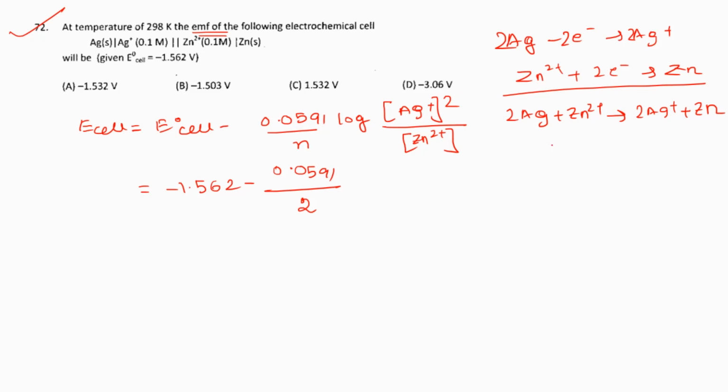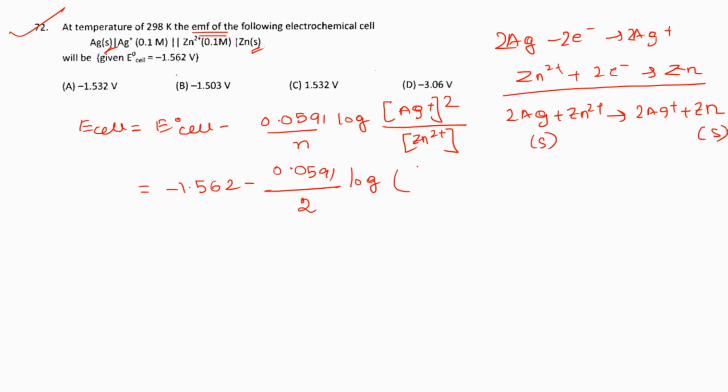Now these Ag and Zn are in the solid state, and the others are in the aqueous state, whose concentrations are given over here. We don't take the solid state concentration; we know that it is taken as 1. So log of Ag plus, the coefficient is squared because it's 2 over here. Whatever the coefficient is, you give it as the power.